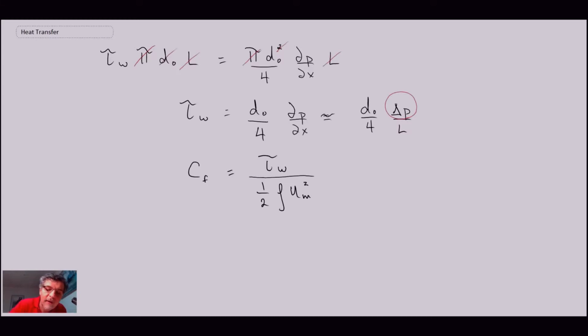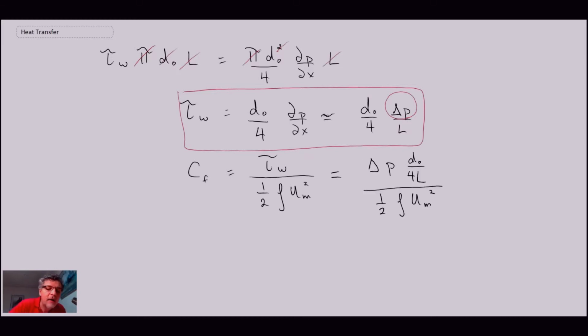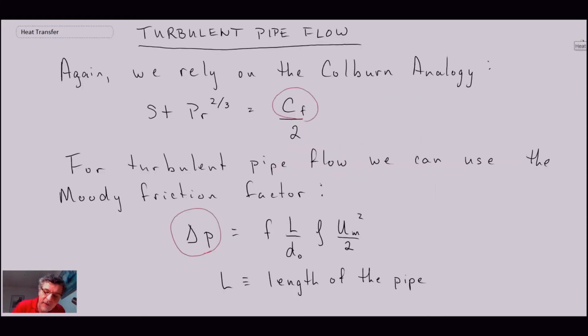Now I can take the expression here for the wall shear stress and substitute it in for the skin friction expression, so expressing the skin friction coefficient using our value for tau W. And now I'm going to take our expression for delta P that we had from the Moody friction factor, pulling in this expression here.